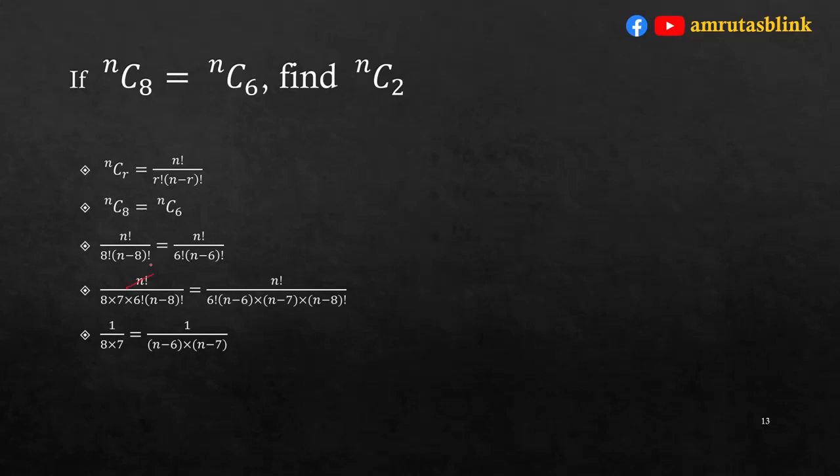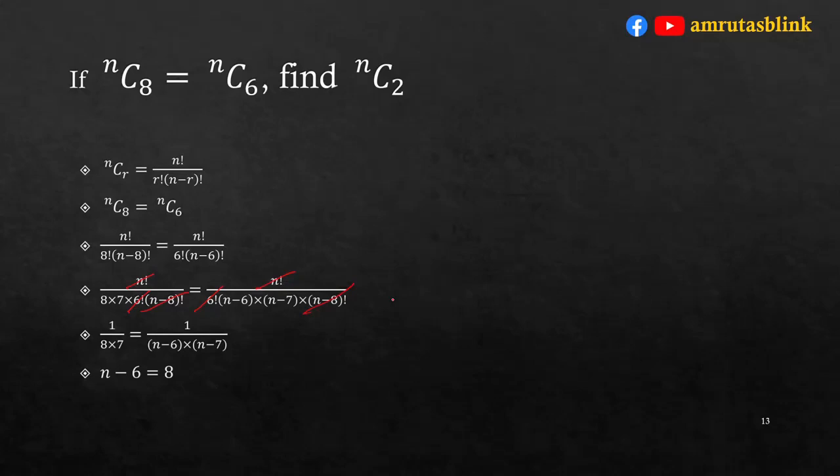Now this n factorial will get cancelled from both sides. Besides this 6 factorial will also get cancelled. The (n minus 8) factorial and (n minus 8) factorial will also get cancelled. So we have 1 upon 8 into 7 is equal to 1 upon (n minus 6) into (n minus 7).